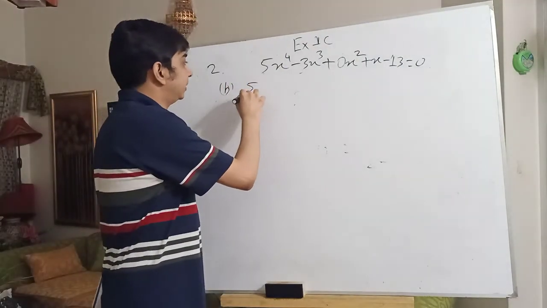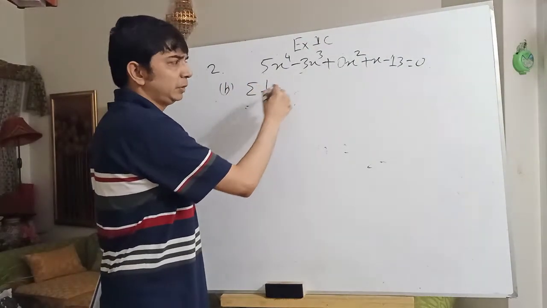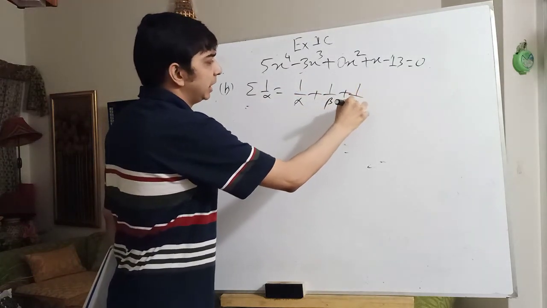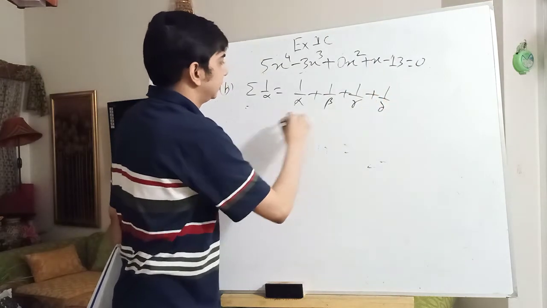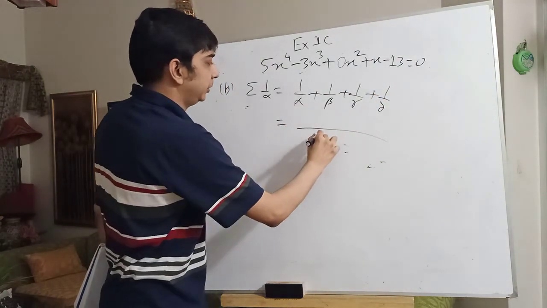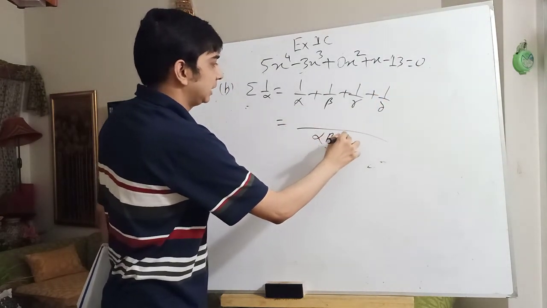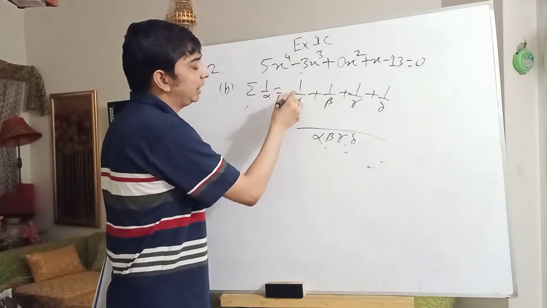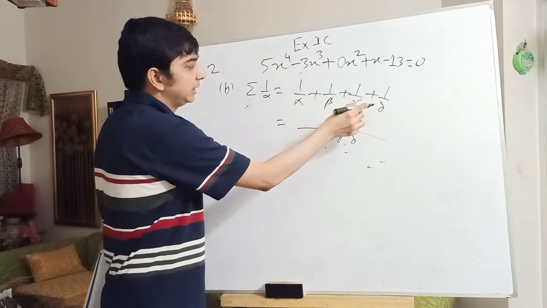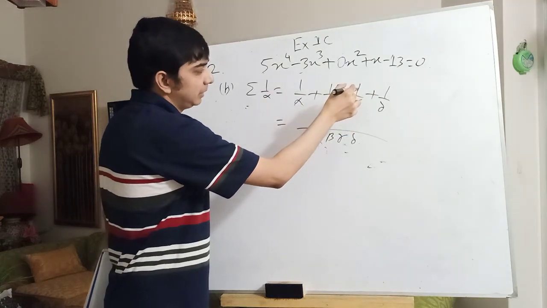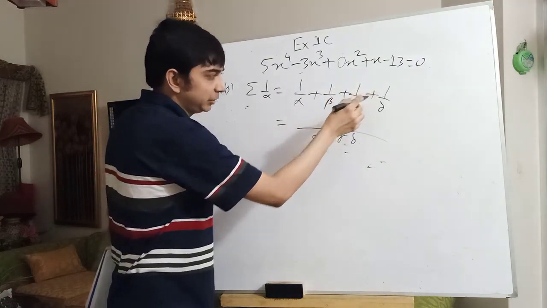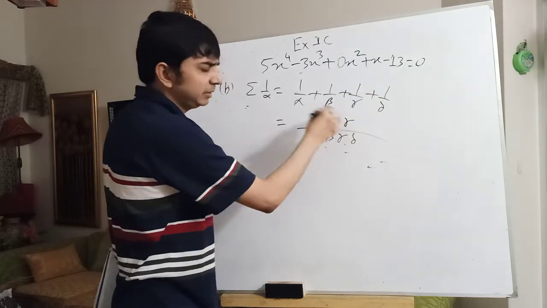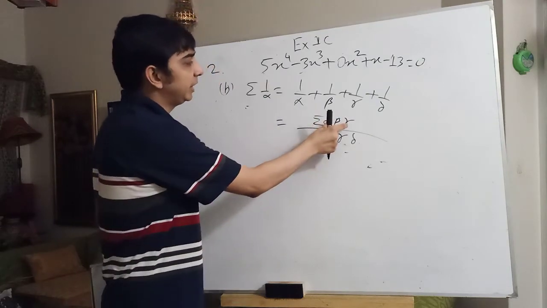Summation of 1 by alpha. So this is 1 by alpha plus 1 by beta plus 1 by gamma plus 1 by delta. So in the denominator you have alpha beta gamma delta. And here you have beta gamma delta, then here alpha gamma delta, in this way. So basically this is summation of alpha beta gamma, that is, the sum of the products taking 3 at a time.